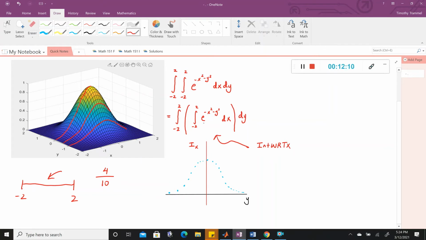That's what this is in here. And we want to take these results here and perform the trapezoid rule on them. But here we have integrated with respect to x, and now we are going to integrate with respect to y.